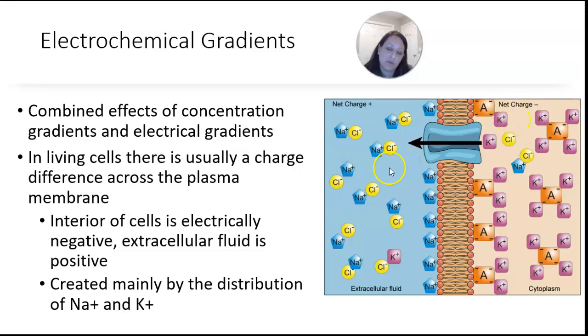There are more positively charged ions being pumped out than positively charged ions being brought in. Now, on both sides of the membrane, there are positive and negatively charged ions. It's just the distribution is unequal. So there's more positive outside and less positive inside. So it gets an overall negative charge.